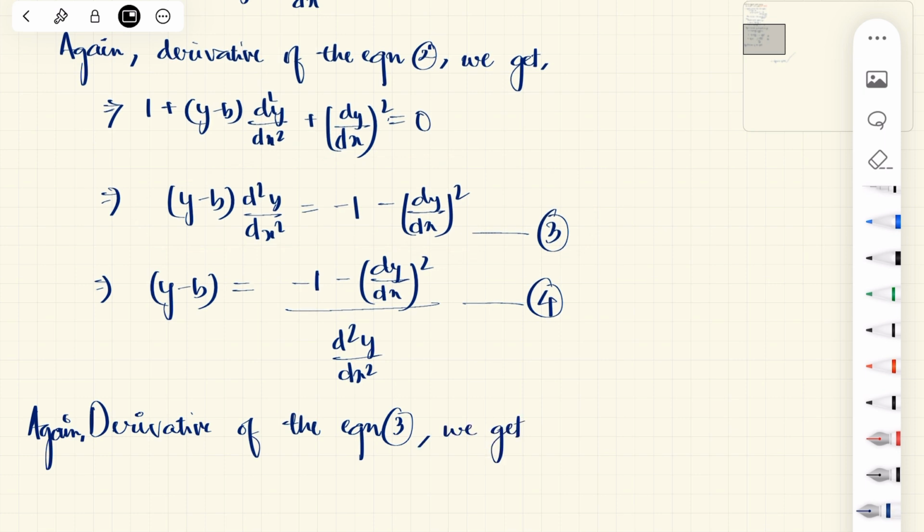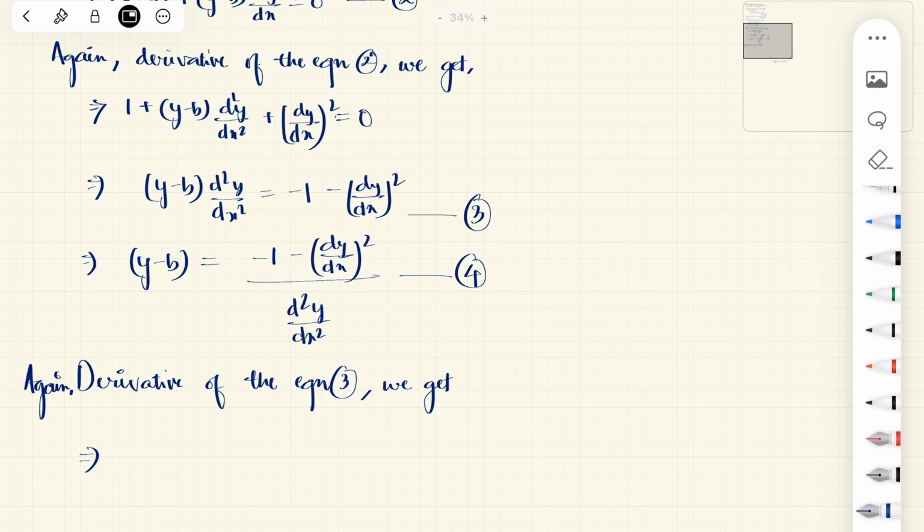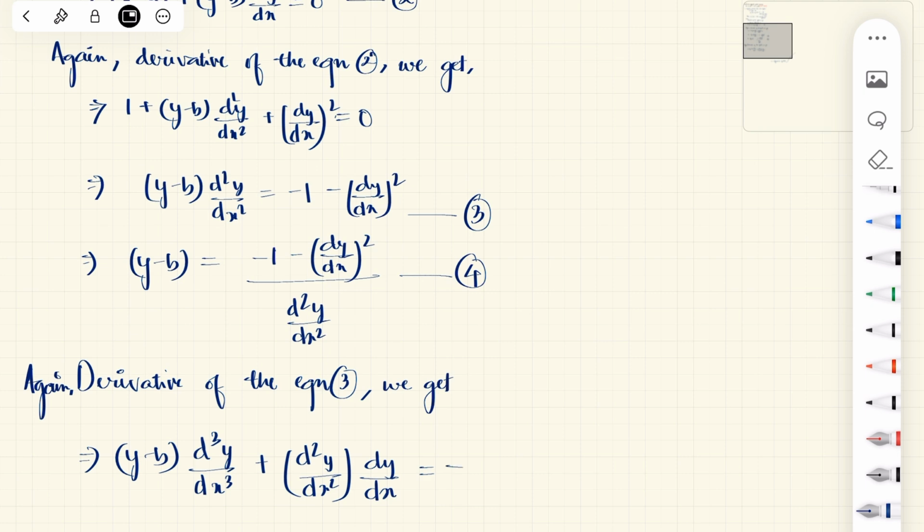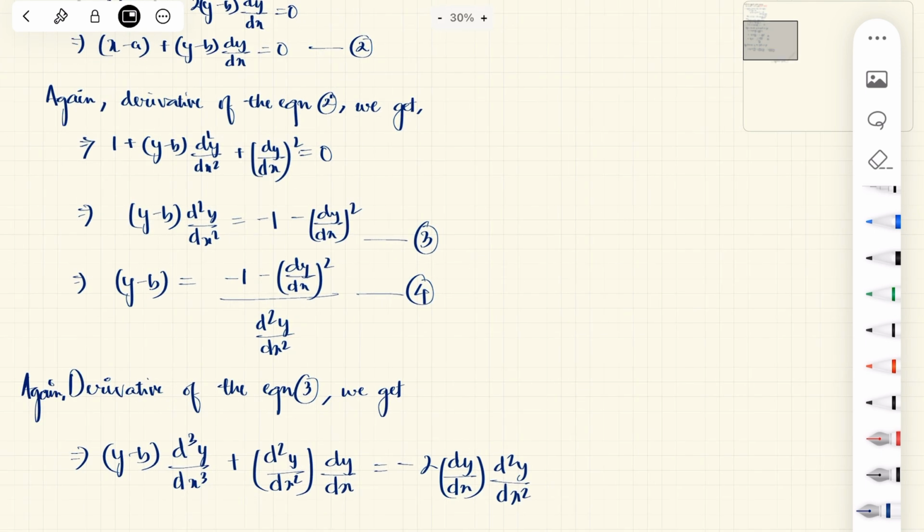We get (y - b) d³y/dx³ + d²y/dx² dy/dx on one side, and on the other side 2 dy/dx d²y/dx². Okay, so now we have it in this form.